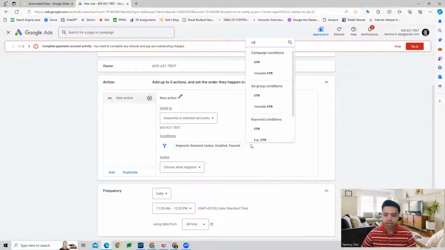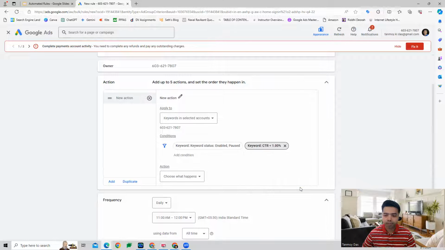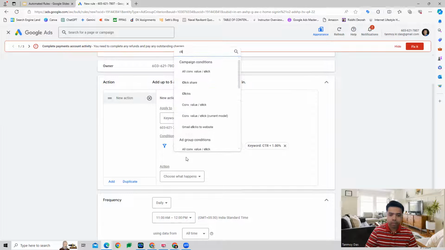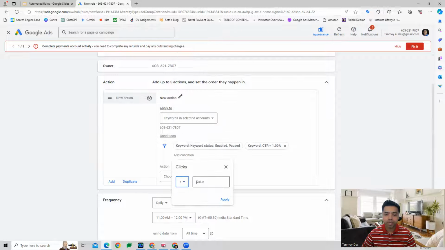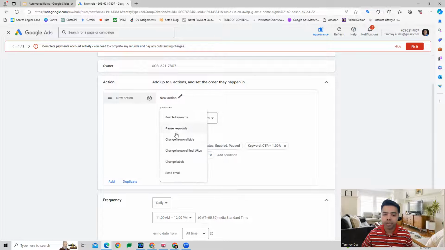Let's say the CTR for that keyword is less than 1%, and the clicks for that keyword are less than 10. In such a case, if there is a keyword whose CTR is less than 1% and the number of clicks are less than 10, that's a bad keyword for us. We would not like to bid more money on it. Rather, we would like to decrease their bids.